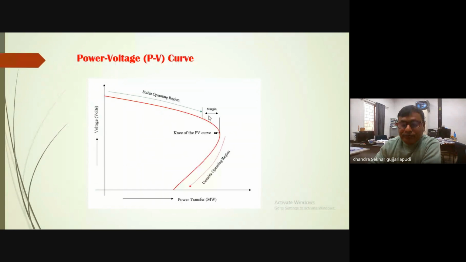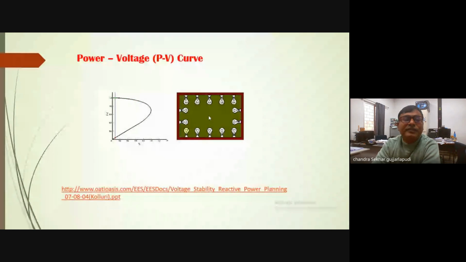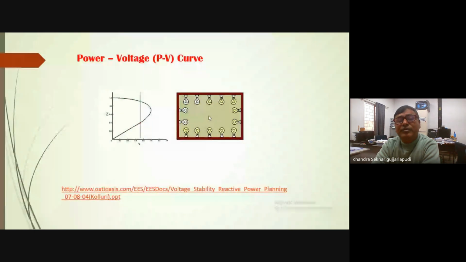Now you see, for a particular bus in a system, if we increase the load, the voltage level is reducing, and after some time the particular bus becomes very stressed and the system collapses.